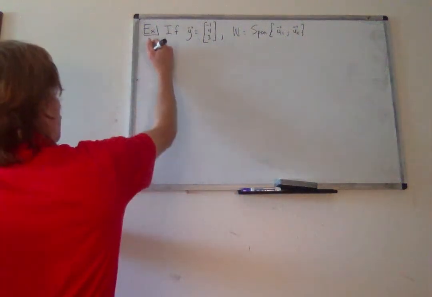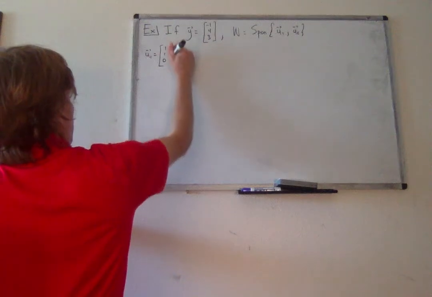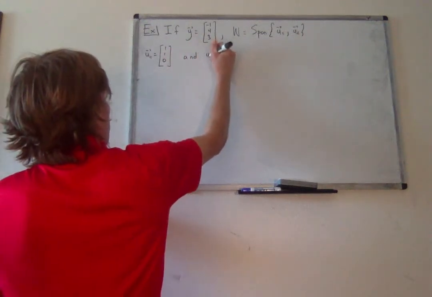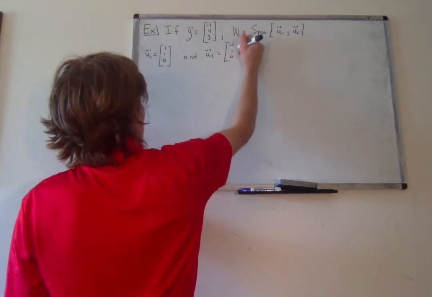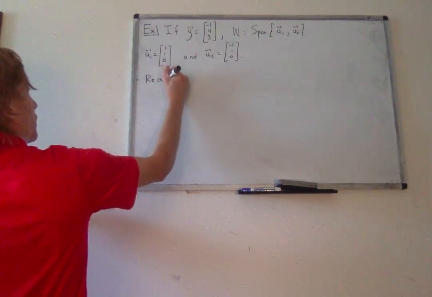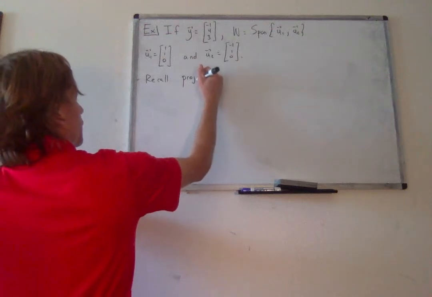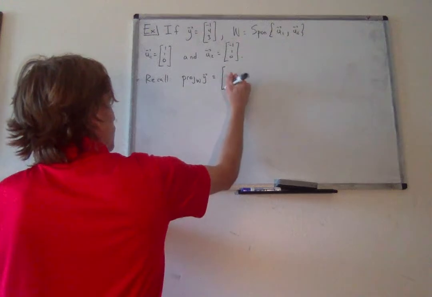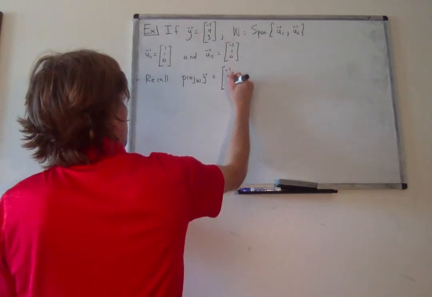And since I defined U1 and U2, well, they're actually not too long. U1 is the vector 1, 1, 0. Let me double check to make sure, yes. And U2 is the vector -1, 1, 0. So recall that the projection of y onto W was the vector -1, 4, 0.